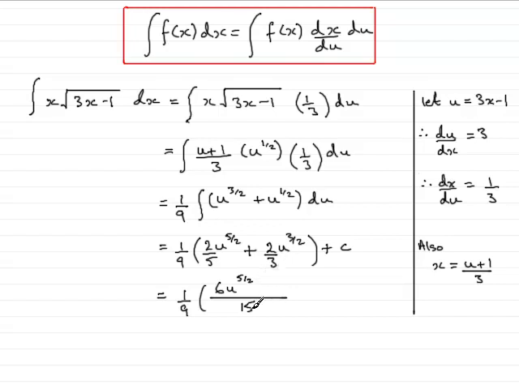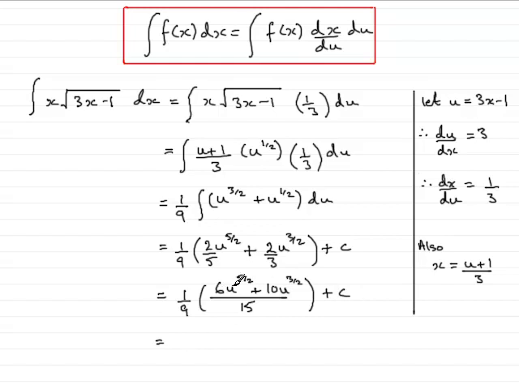And in this one I need to multiply top and bottom by 5 to turn 2/3 into 15ths, so that's going to be plus 10/15ths, and then we have the u to the power 3 over 2 on the end, and then plus the constant of integration.